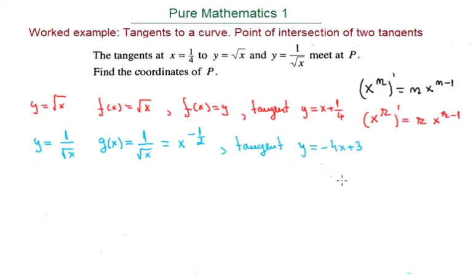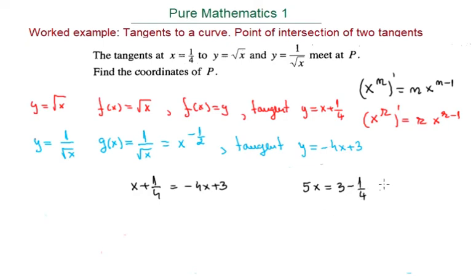So what we are doing is we're saying y equals y, which is x plus 1 over 4 is equal to minus 4x plus 3, and we want to get the value of x. This in turn leads to minus 4x we take to the left, so it's x plus 4x, which is 5x, is equal to 3 minus 1 over 4.